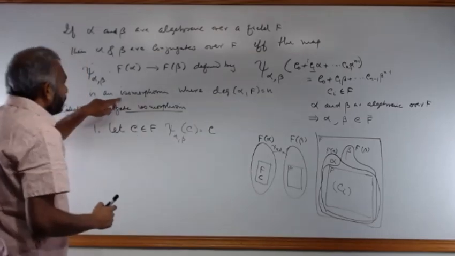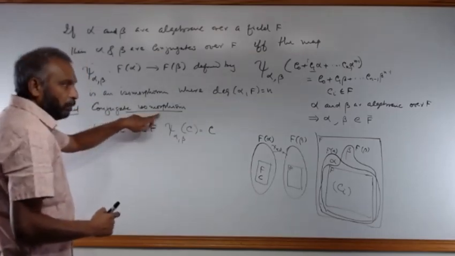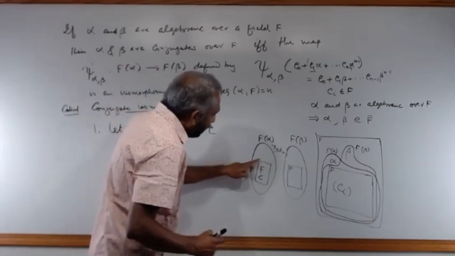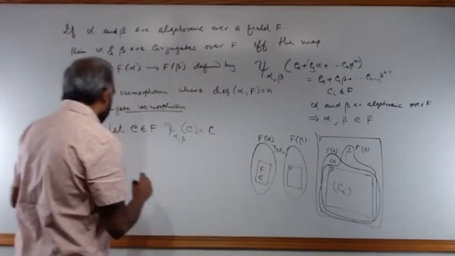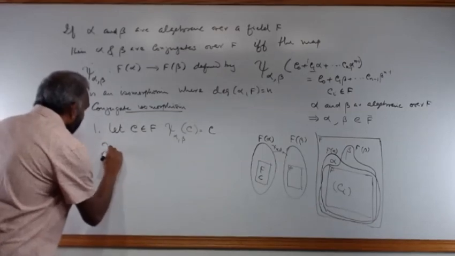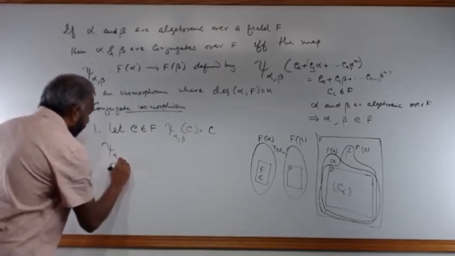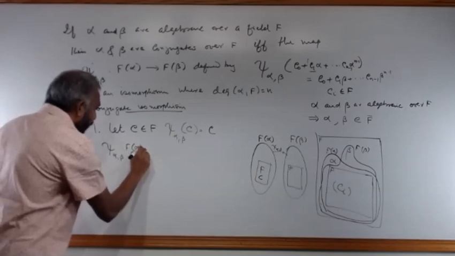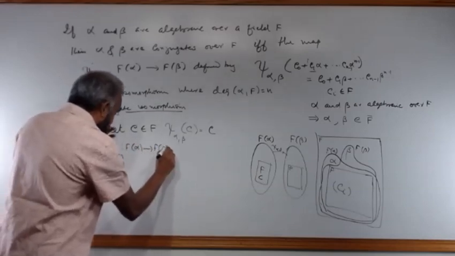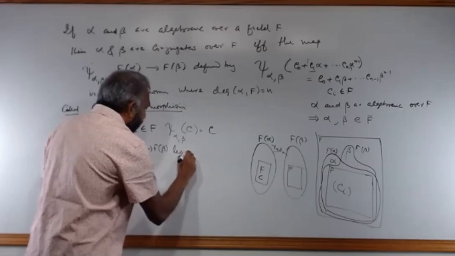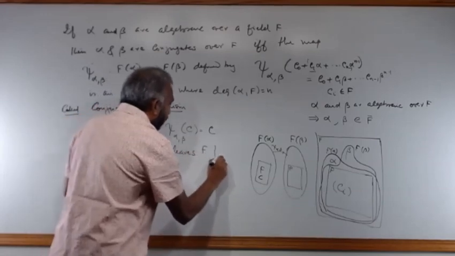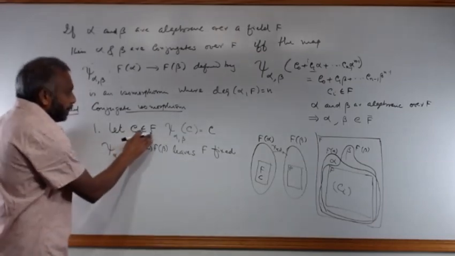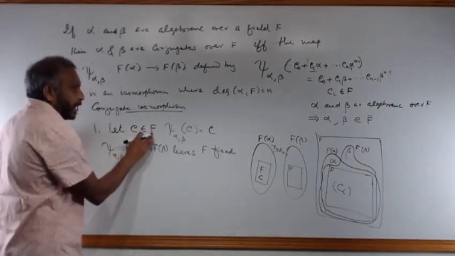This conjugate isomorphism from F(alpha) to F(beta) leaves the field F fixed. Meaning, for any element of F, it is an identity map.